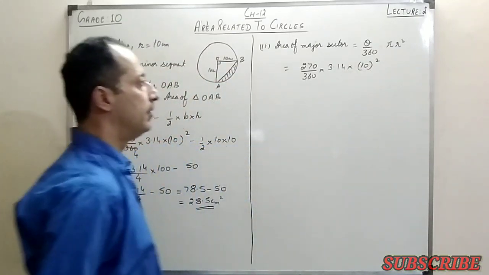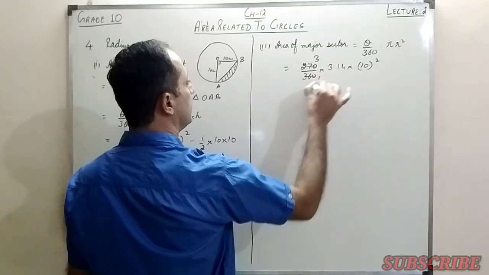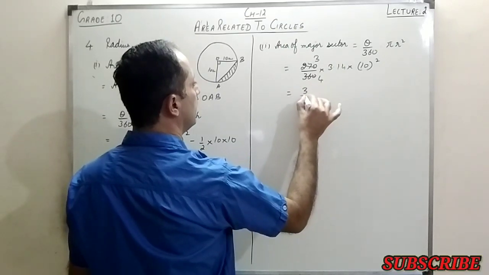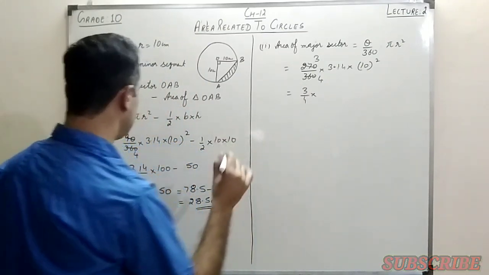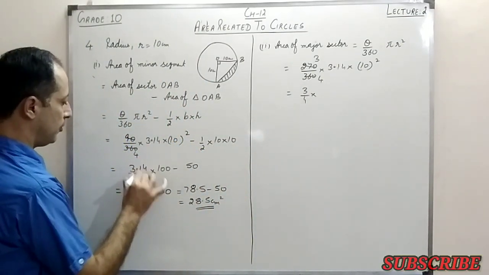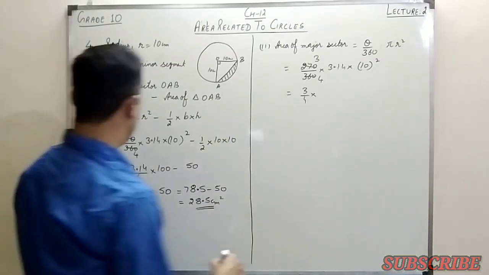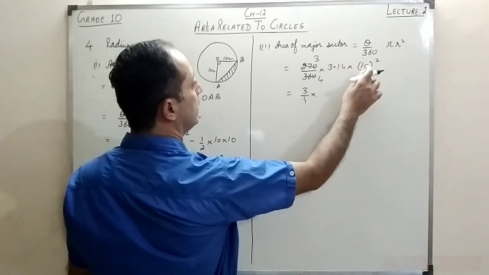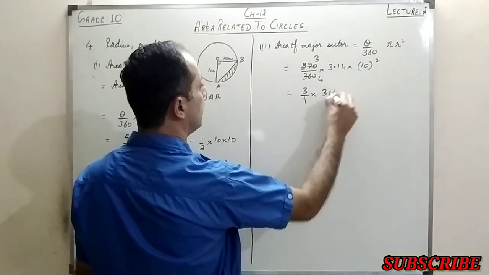So this is what we have. We just cancel it out. This is 3, this is 4, this is 3 by 4 into, I think decimals are not visible, so let me make it more prominent. Right, so this becomes 100 into 3.14, this is 314.